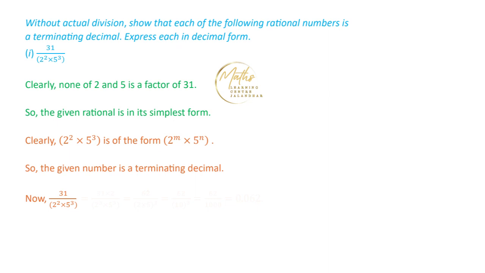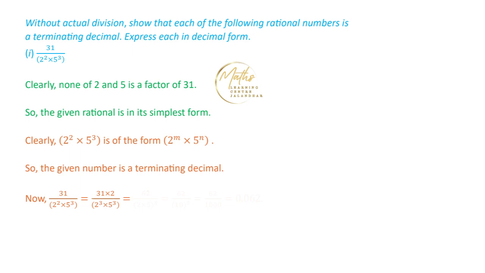Suppose we multiply the numerator and denominator of this number by 2. The numerator becomes 31 into 2. In the denominator, 2 raised to the power 2 multiplied by 2 becomes 2 raised to the power 3, so we write 2 raised to the power 3 into 5 raised to the power 3.